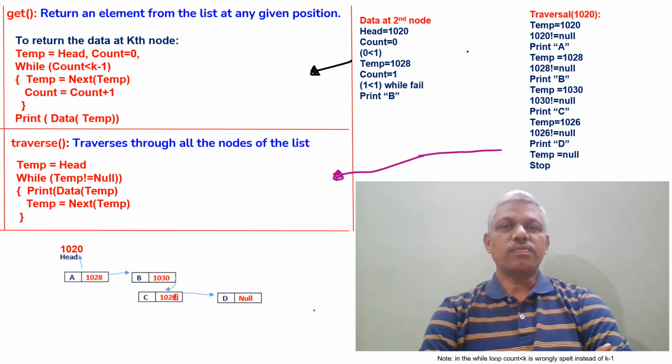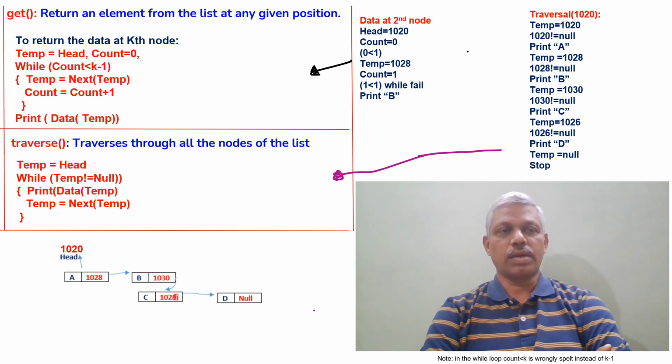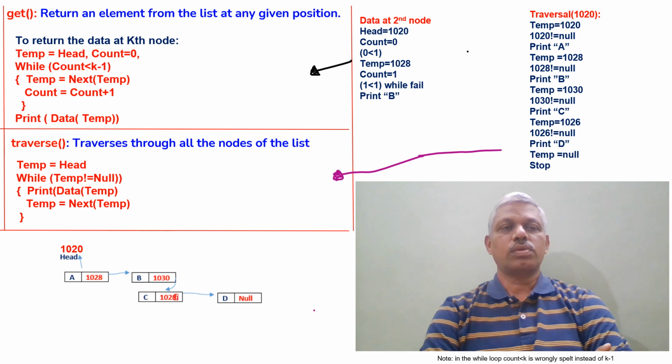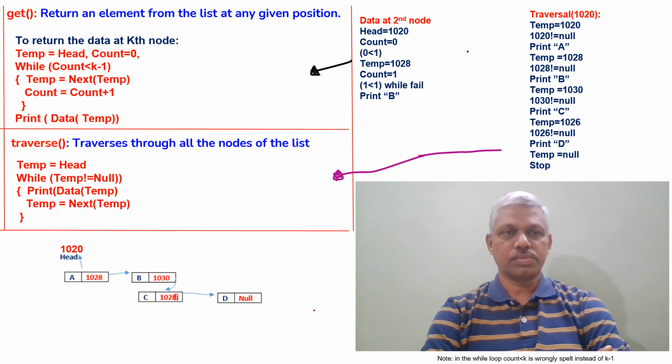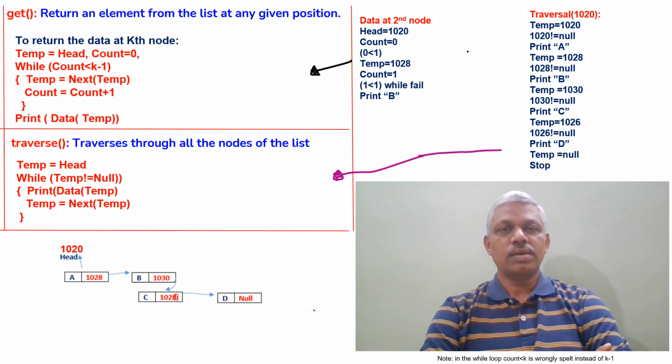So we start with the head, assign head to temp, set count as 0, and we maintain a counter. While count is less than k, we go to the next node via the link. So temp is updated as next of temp. Whatever current node is there, its next variable holds the memory address of the next node.